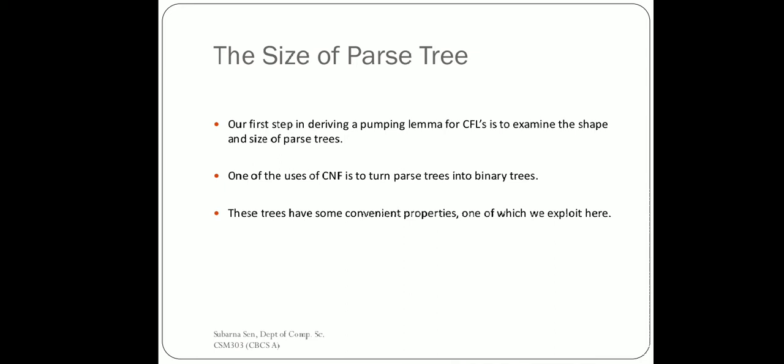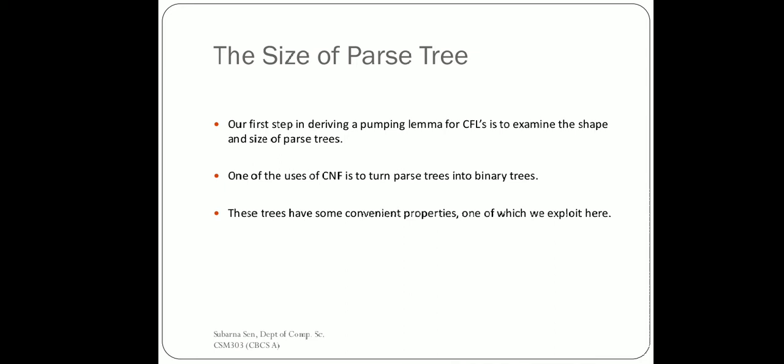One of the uses of CNF, that is Chomsky normal form, which we covered in the previous lecture, is to turn a parse tree into a binary tree. If you want to learn how CNF can turn a parse tree into a binary tree, you can follow any of the ebooks that I have shared in your group.